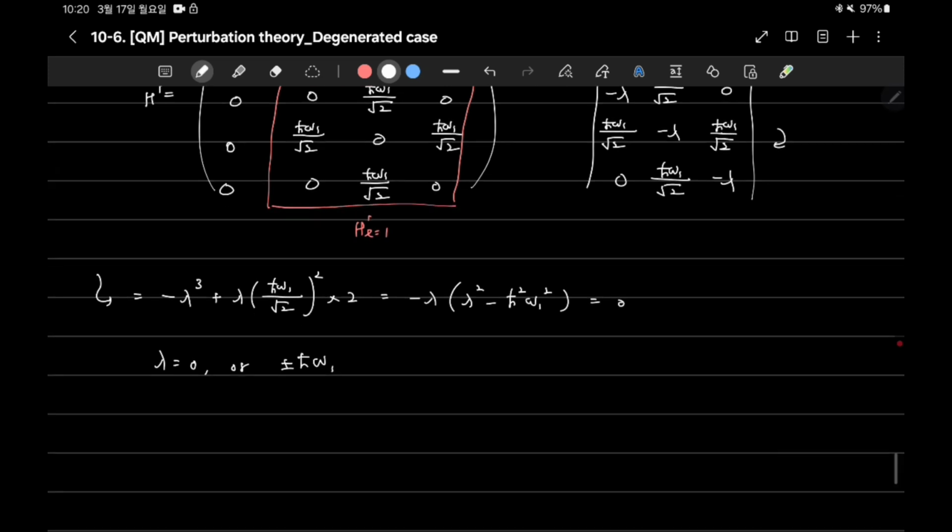It means that there are energy shifts: E1A first order equals h bar omega 1, E1B first order equals 0, and E1C first order equals minus h bar omega 1.